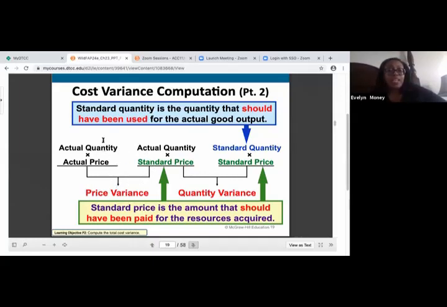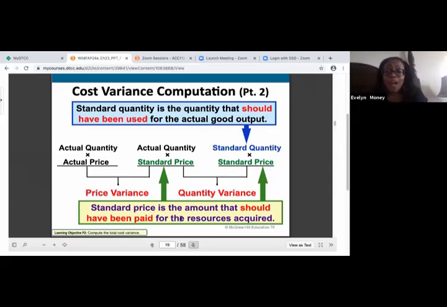So if you take a look at this schedule, what we're doing is we're taking the actual price and multiplying it times the actual quantity. And then we're taking the standard price and again multiplying it times the actual quantity. And we're going to subtract these two resulting figures. And that's going to give me my price variance. In other words, that's going to explain to me what portion of my variance was caused by a difference between what I planned to pay and what I actually paid.